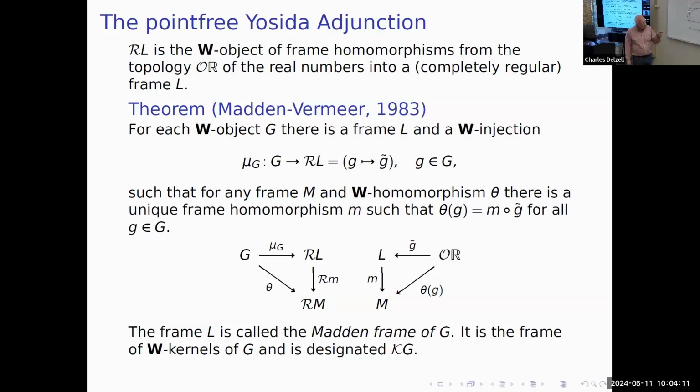G tilde is the image of little g under the mu arrow, so that's a member of R of L. And theta of G is simply the result of following G tilde with this magical frame map m, which we say realizes theta.